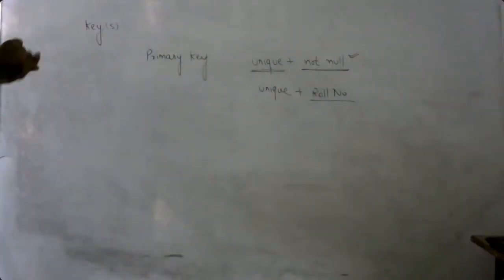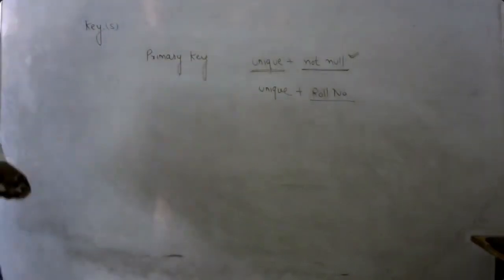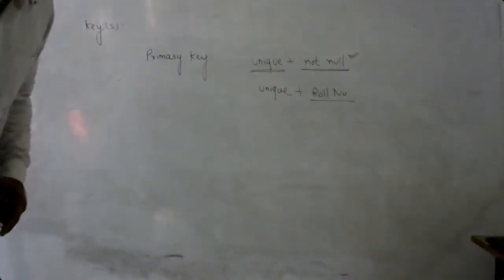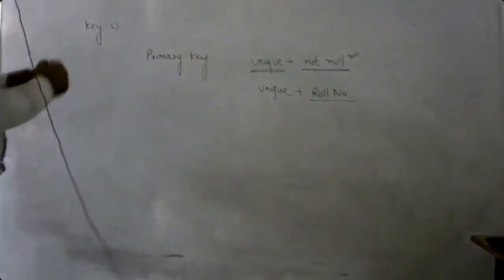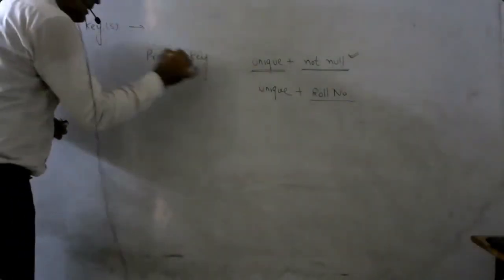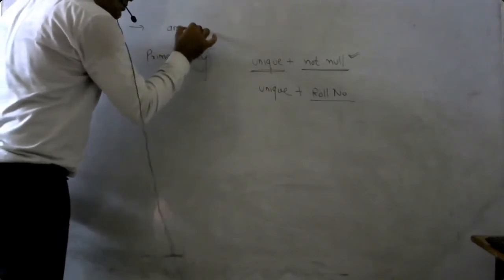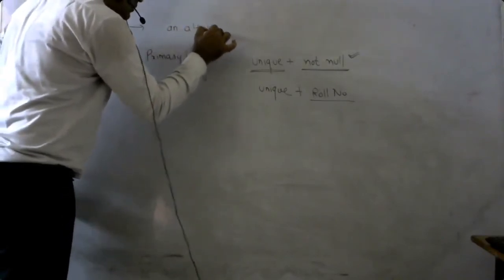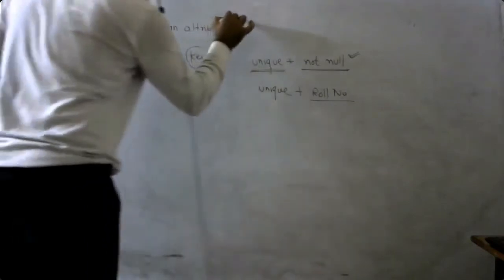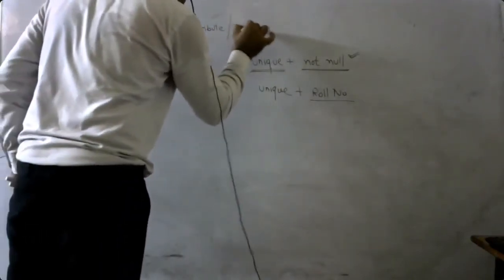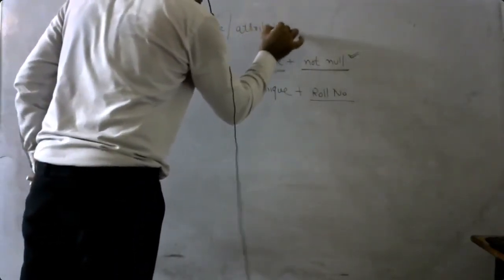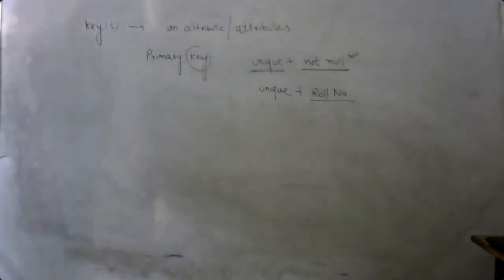So if we need to frame the definition of primary key, what do we mean by primary key? Now, key means an attribute, an attribute or attributes. Please try to understand what I'm trying to say.